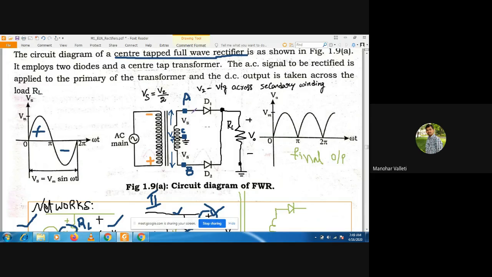So point A is minus, and the two voltages will appear like this here. The point C and point B are plus.